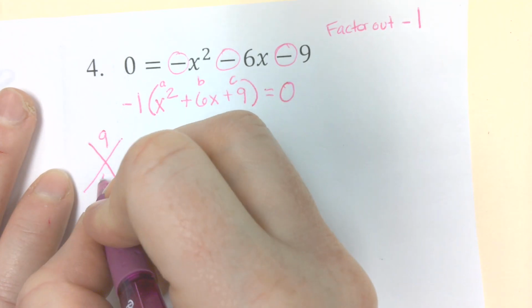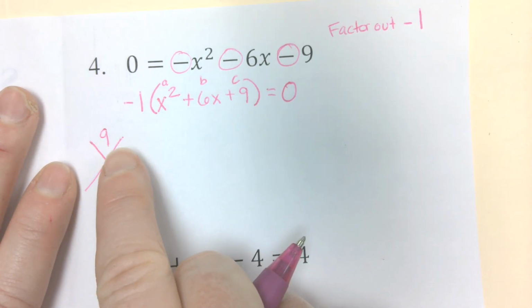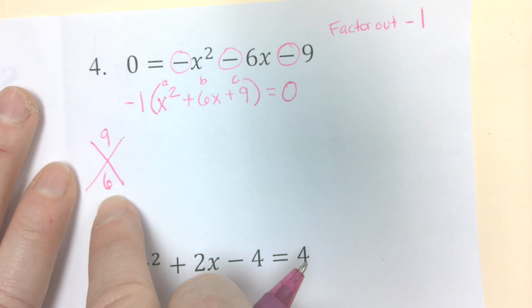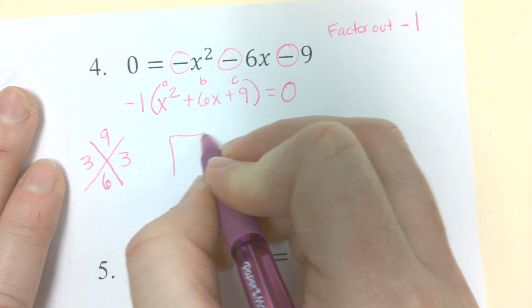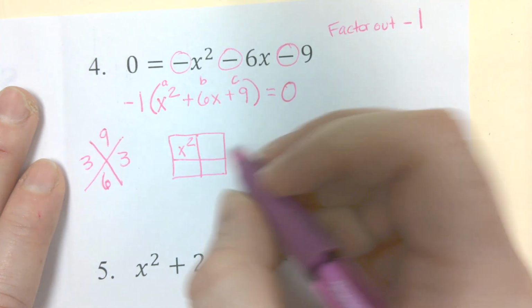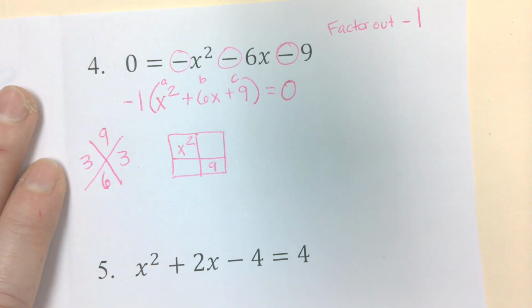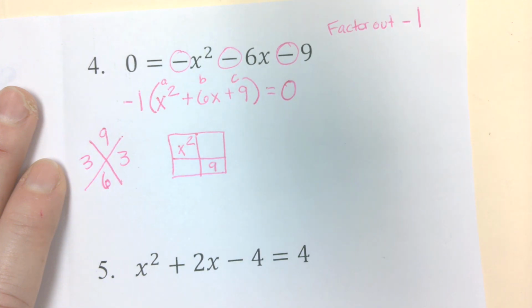The bottom is the B, which is 6. What multiplies to get 9, adds to get 6? 3 and 3. Let's do our box. Fill in your first and last box. And then here are the magic numbers with X.